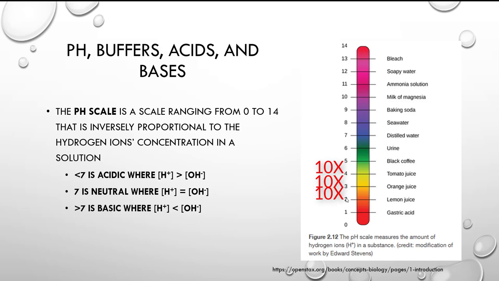So that's 10 to the third power, which is 1,000 times more hydrogen ions in lemon juice than in black coffee. Okay, or you can say black coffee has 1,000 times less hydrogen ion concentration than lemon juice. Okay, so each time you move one whole number, it's actually a factor of 10. So 10 times 10 times 10. All right.